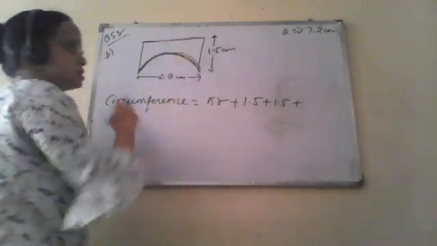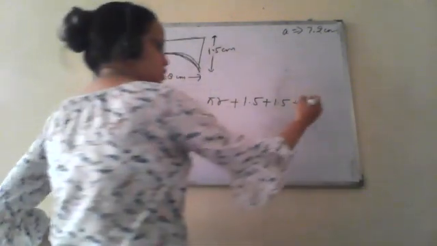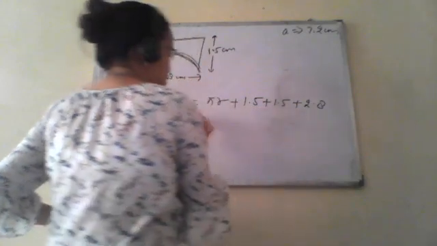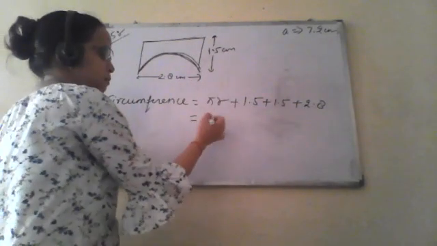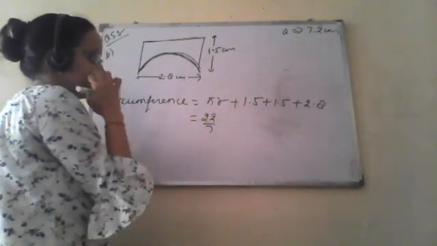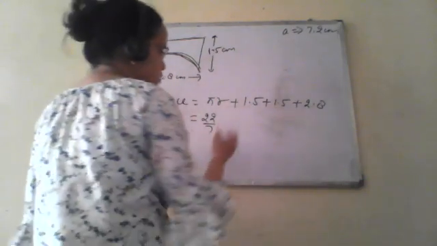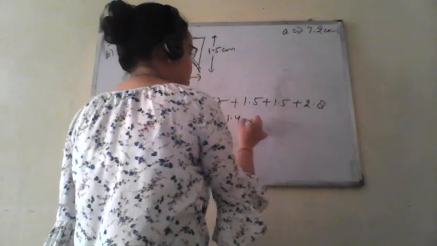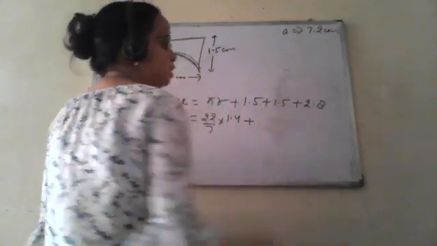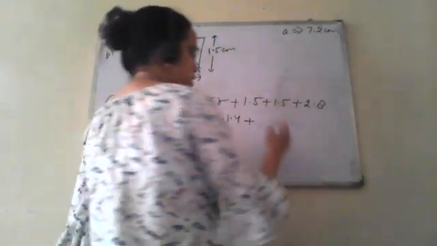Okay, this also has to be travelled. So that is 2.8. So pi r, pi is 22 by 7. This is d, that is diameter, and radius will be half of this, that will be 1.4. It is 3 plus 2.8. 3 plus 2.8 is 5.8.